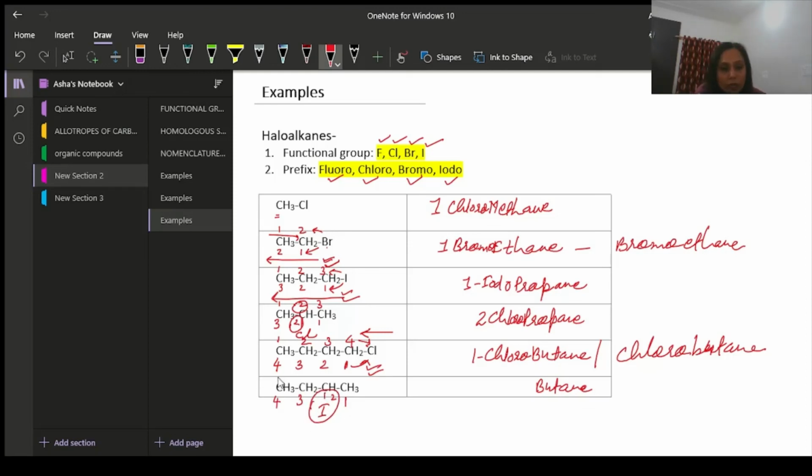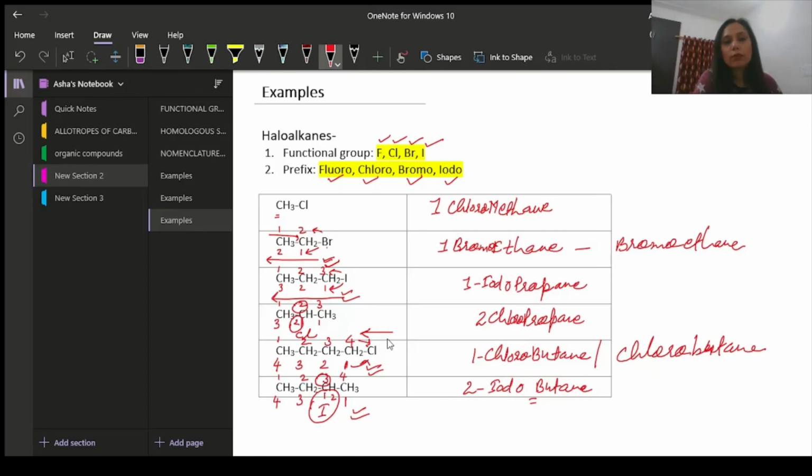Now if you are doing the counting from the front to back 1, 2, 3, 4, so I is coming with the third carbon. So obviously we are going to take the backward counting. So we are going to write here 2-iodobutane. So this is how we are giving the names to the organic compounds here.